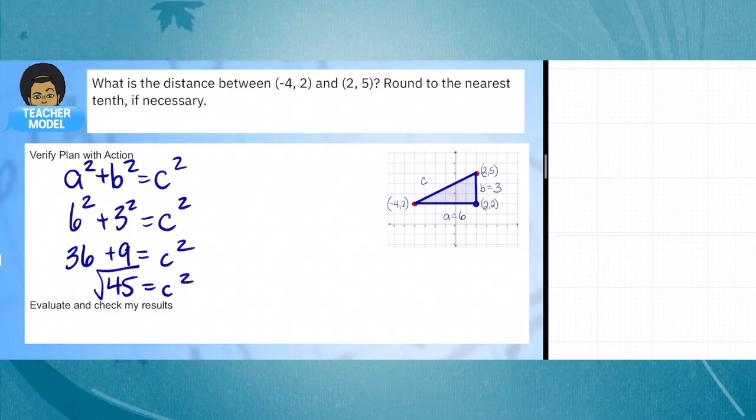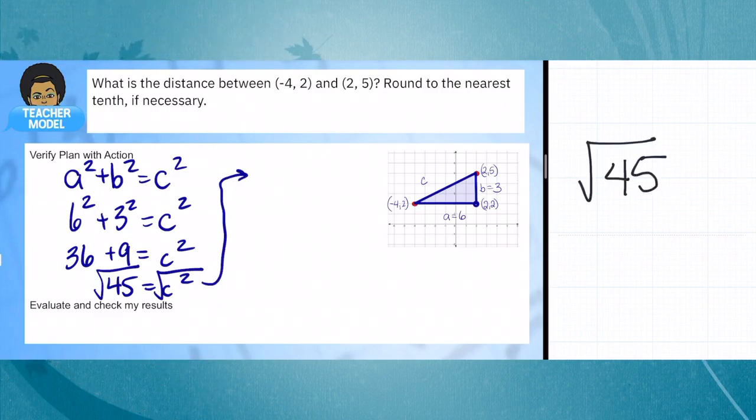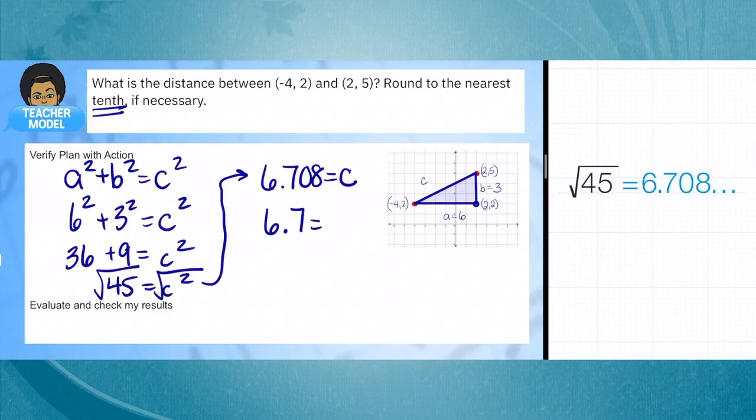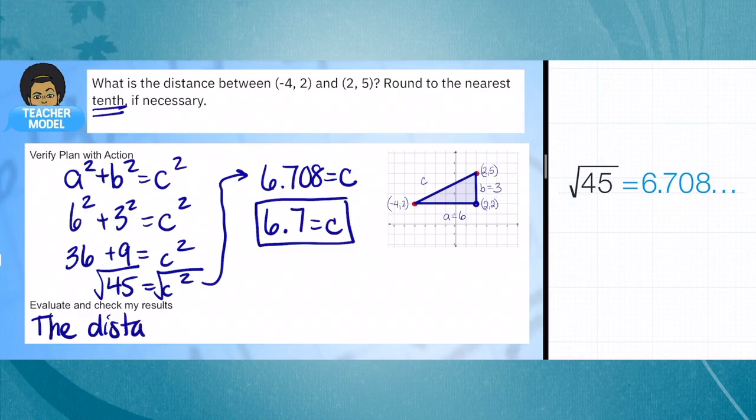Now we want C by itself, so we'll find the square root of 45. The square root of 45 is equal to 6.708, which is C, and we're rounding to the nearest tenth, so 6 and 7/10 is equal to C.